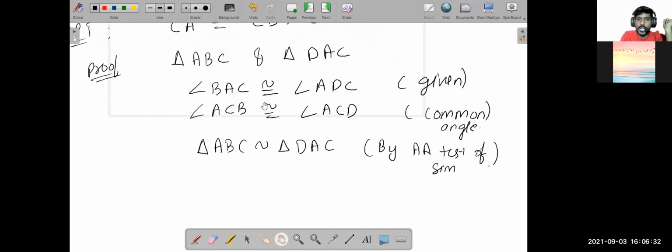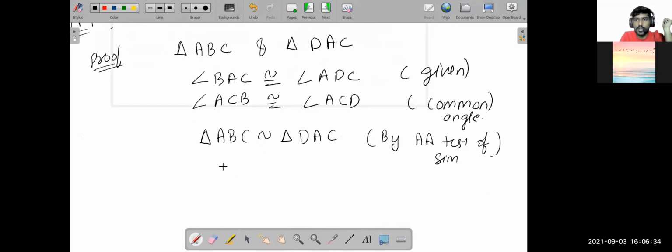So now after this, you find out the corresponding sides. One question: if I stop here, how many marks will I get? At the AA test of similarity, the further step seems to be extra, it's just one line.